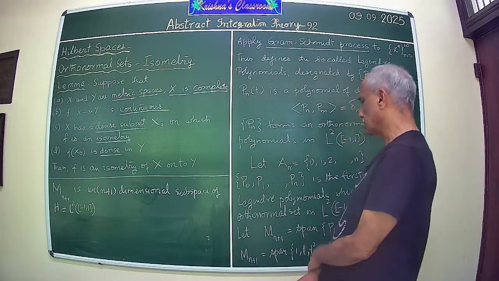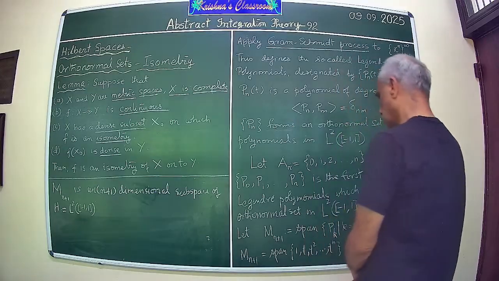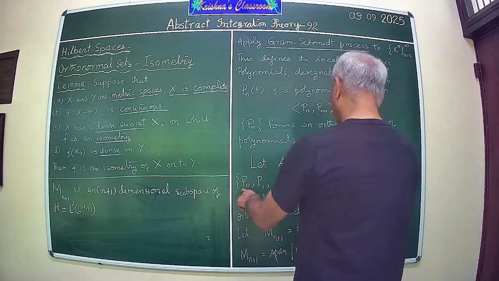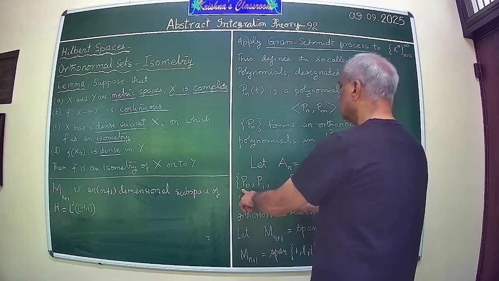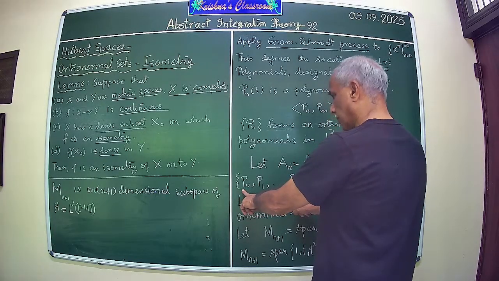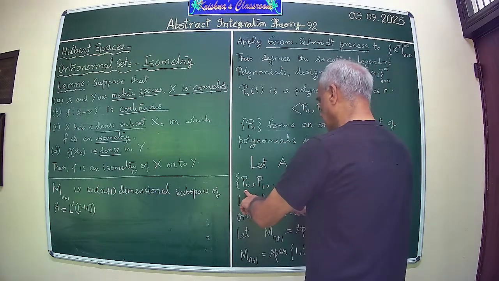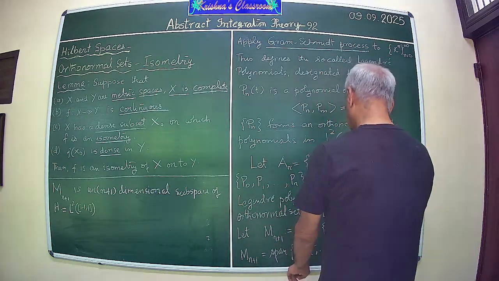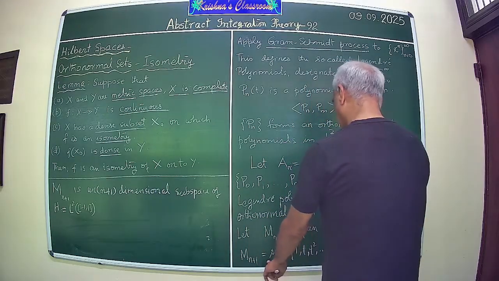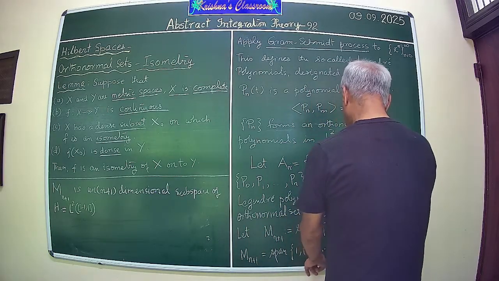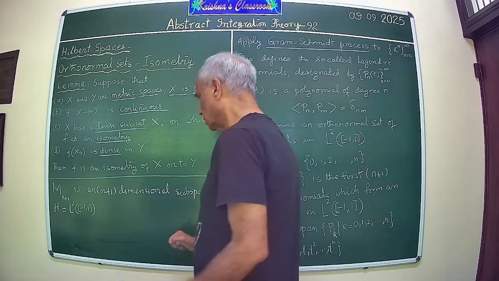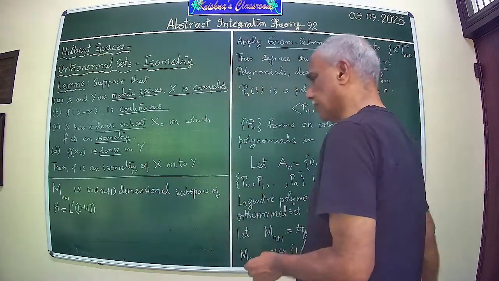Okay, because you know that these are spanned by P0, P1, P2, up to Pn, which form an orthonormal set of vectors. And because of orthonormality, they are linearly independent. Anyway, you can see that this M n plus 1 is essentially the span of 1, t, t square, etc., t to the power n also. So that's about our M n plus 1.